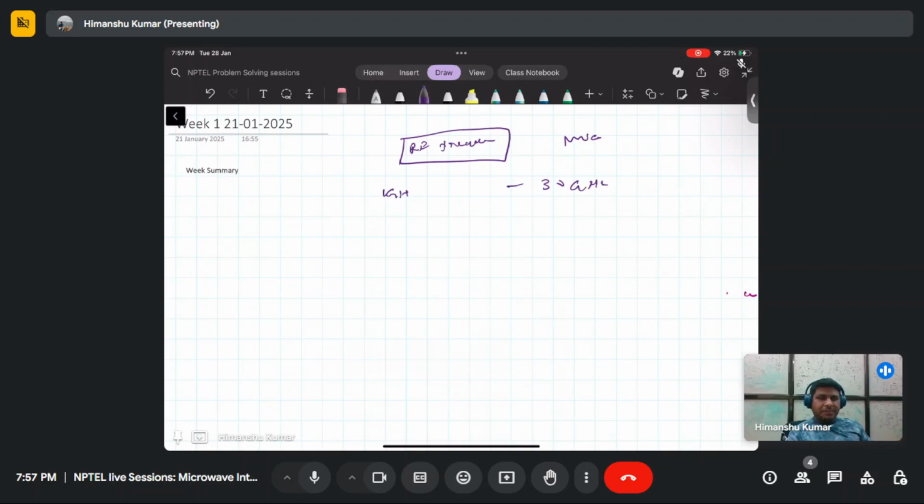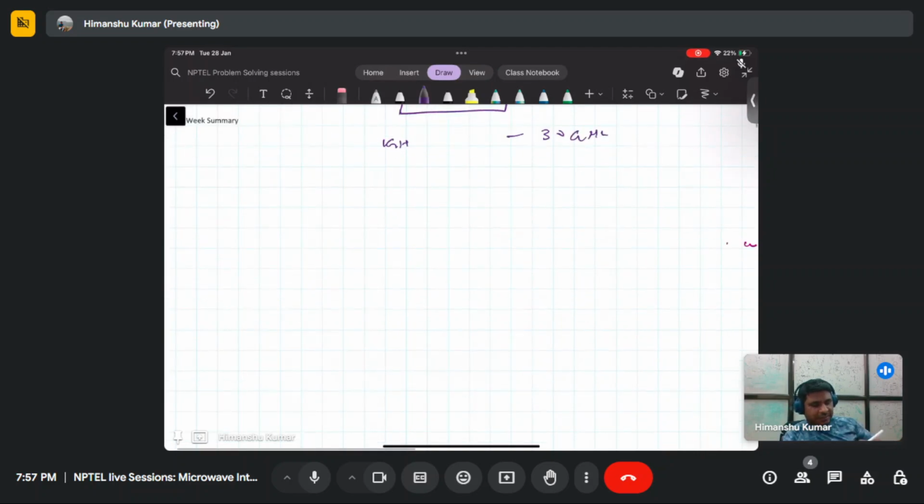Let's say you have a 1 kilohertz signal. If you consider free space transmission and calculate the wavelength corresponding to this 1 kilohertz, then lambda equals c by f. c you can take as 3 into 10 power 8 meter per second, and f is 1 into 10 power 3 hertz.